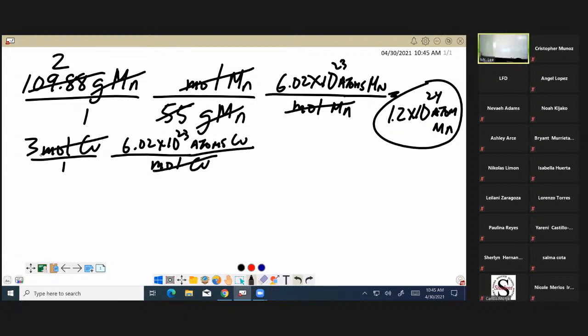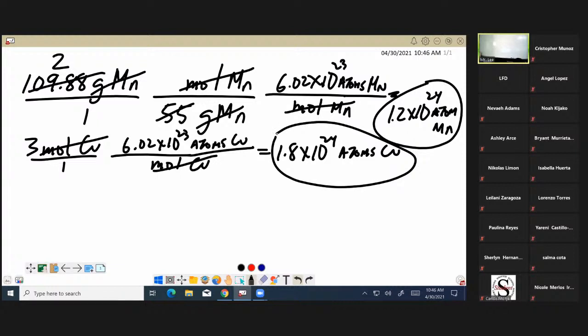Moles cancel out. Well, what's 3 times 6? 3 times 6 is 18, but we don't say 18 times 10 to the 23rd. We have to say 1.8 times 10 to the 24th atoms of copper. There you go. That's number 2. See how quickly these can be done?